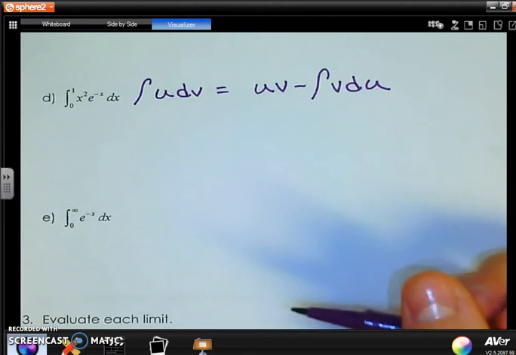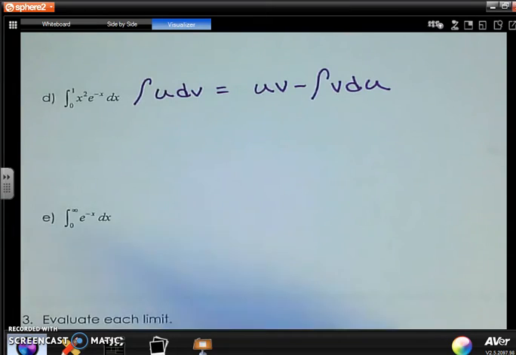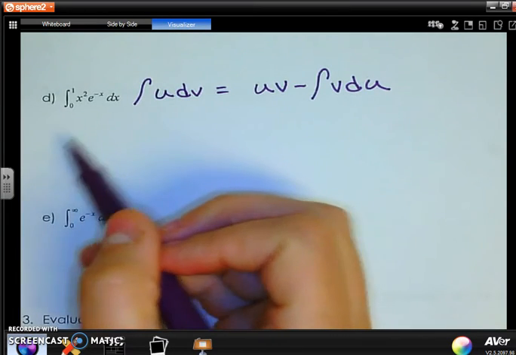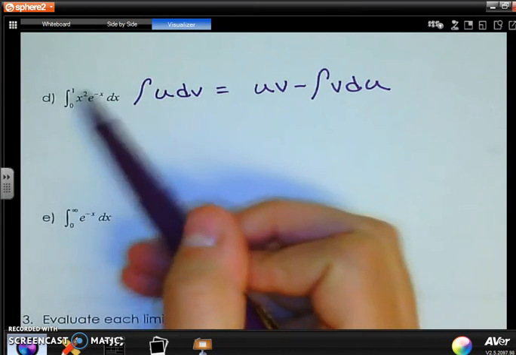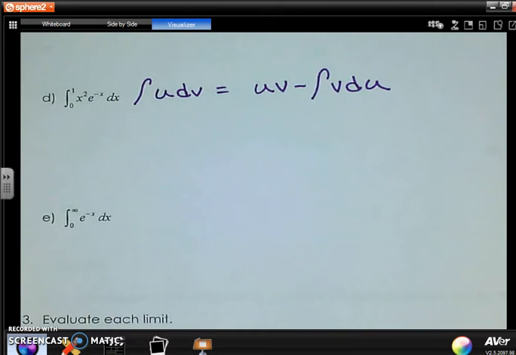Okay, so now we just need to figure out what the u and the dv are. In this case, I usually let my u be the x thing unless when? When's the only time that your u's not the x thing? Do you remember? When you have an ln.